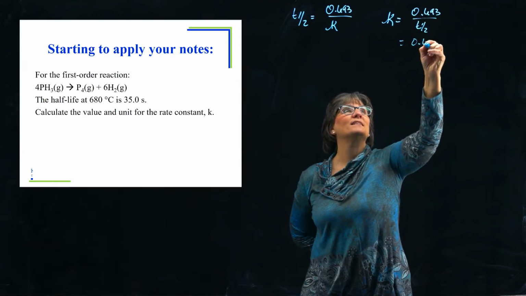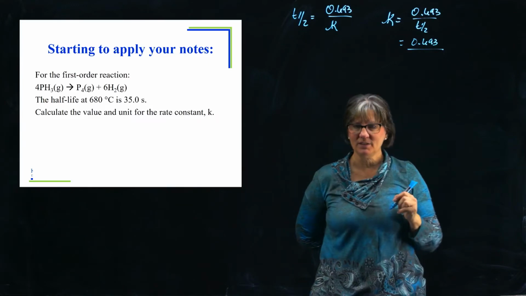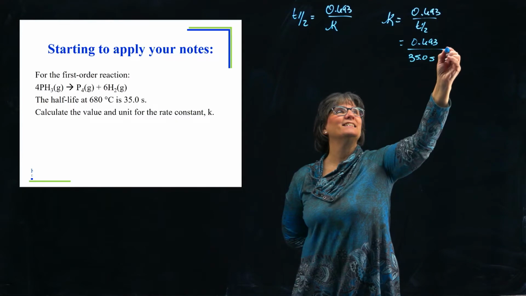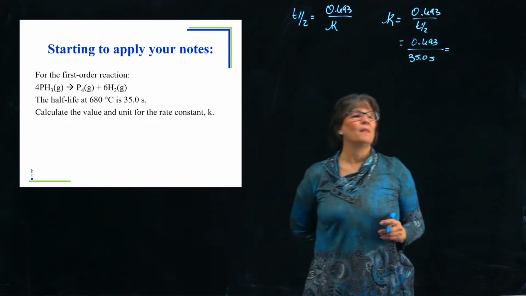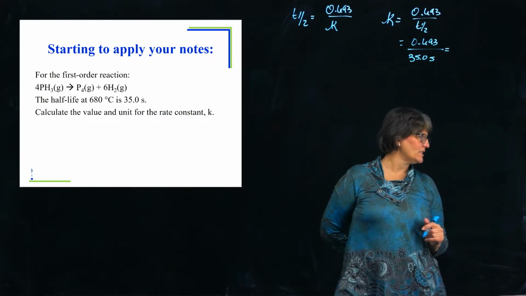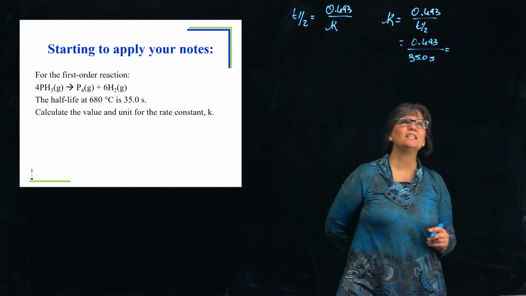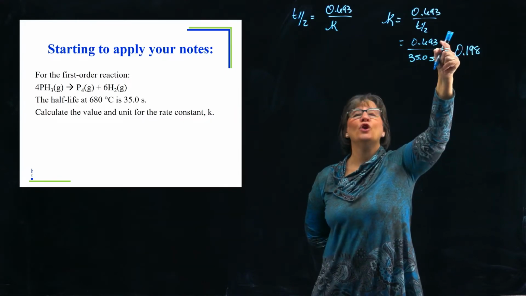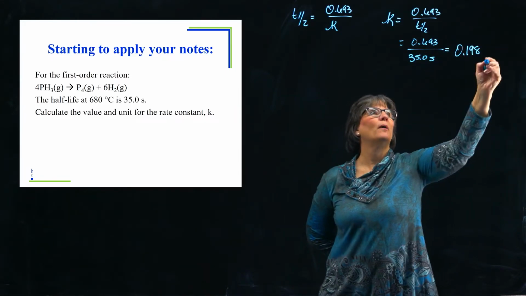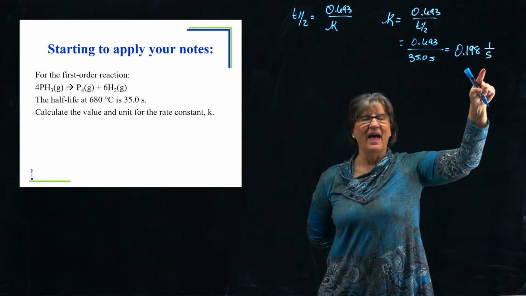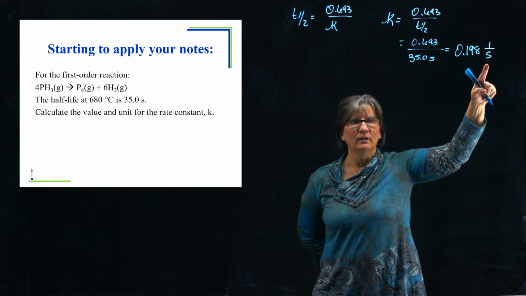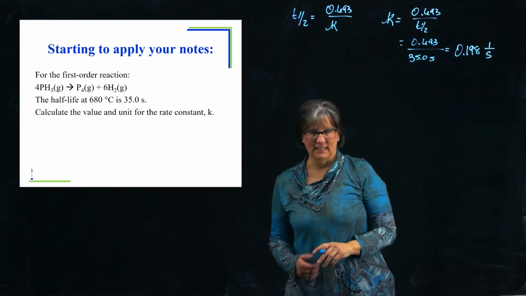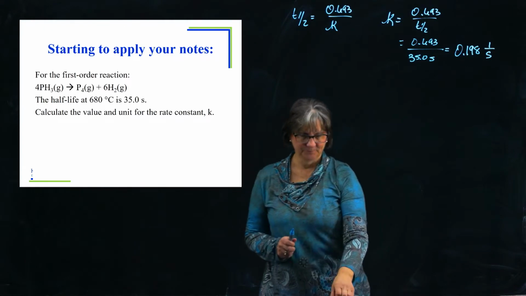So I take 0.693, it has no units, and I divide it by the 35.0 seconds, and that is going to give me the rate constant for this experiment, and I got 0.198. And what are the units? No units on top, seconds on the bottom, so 1 over seconds. Whenever we have a first order reaction, the unit of k is always 1 over seconds. All right, let's go to the next one.